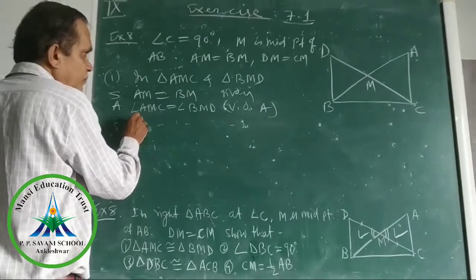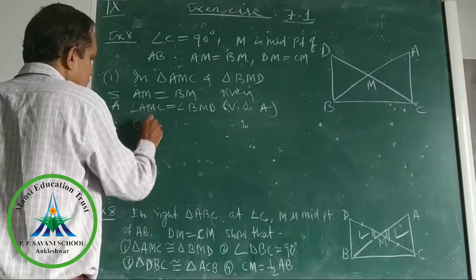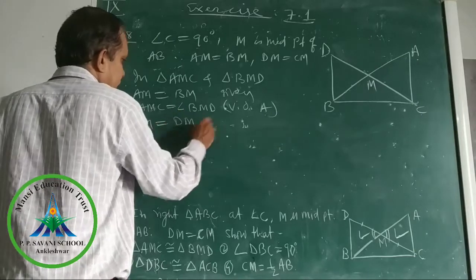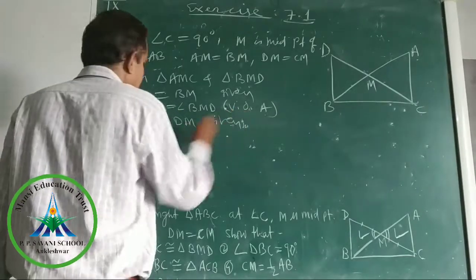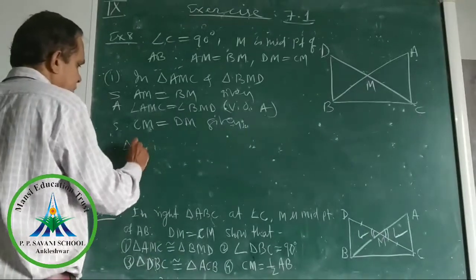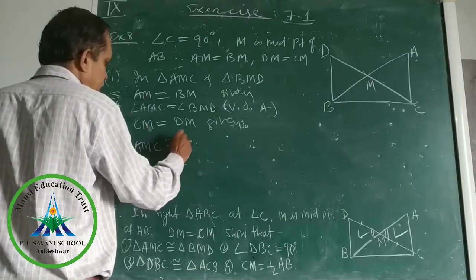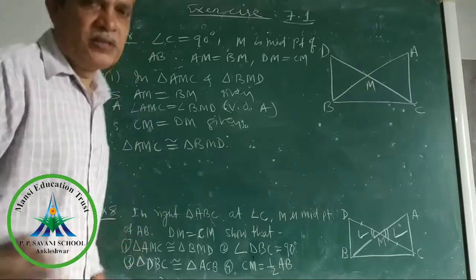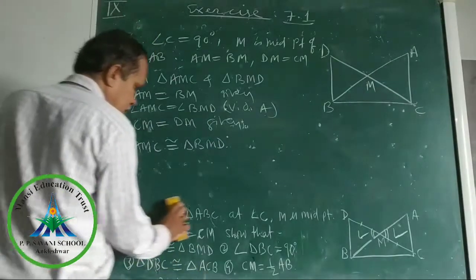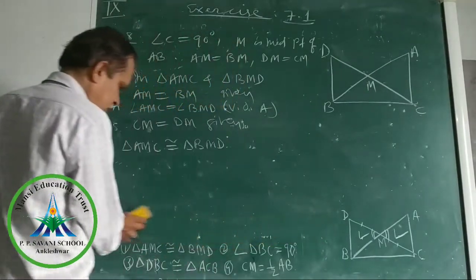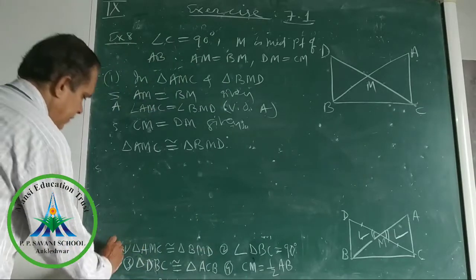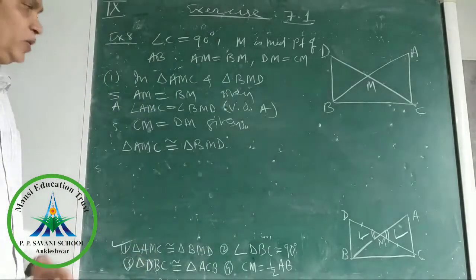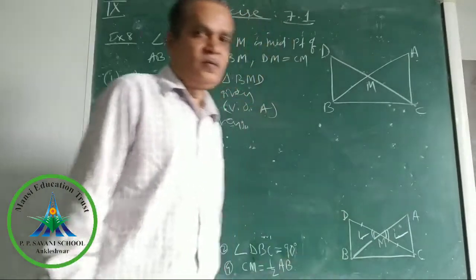CM equal to DM. Therefore, triangle AMC congruent to triangle BMD. First part is over. First part is done. These two triangles are congruent.